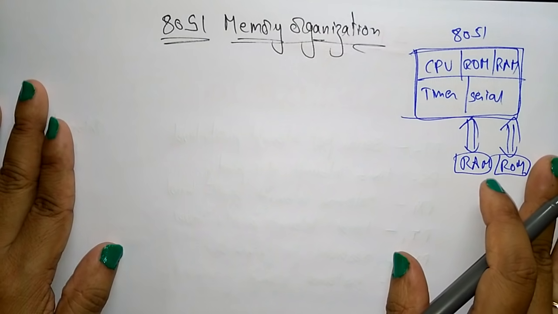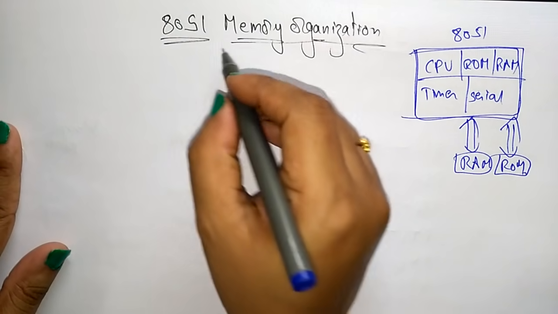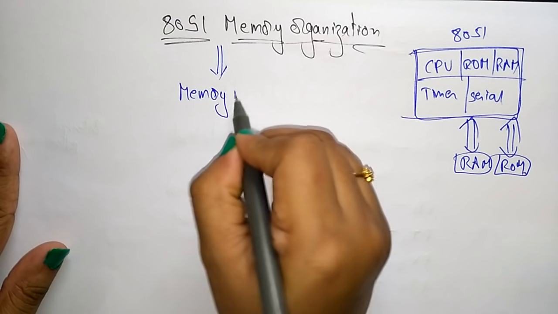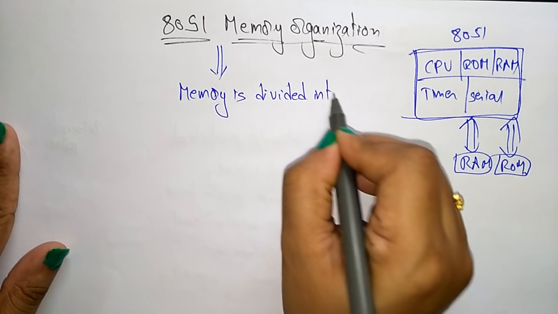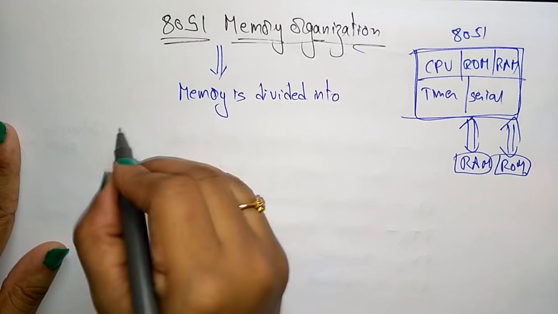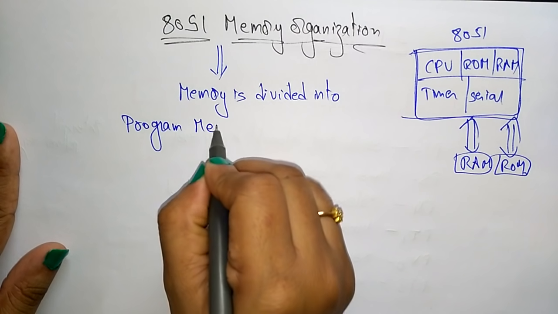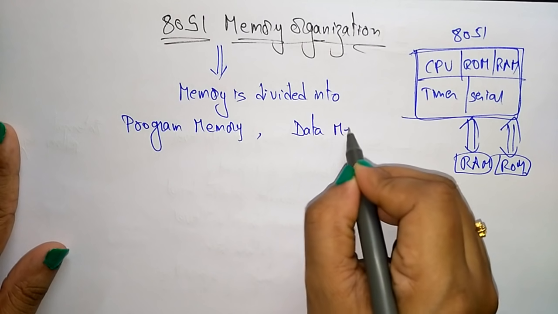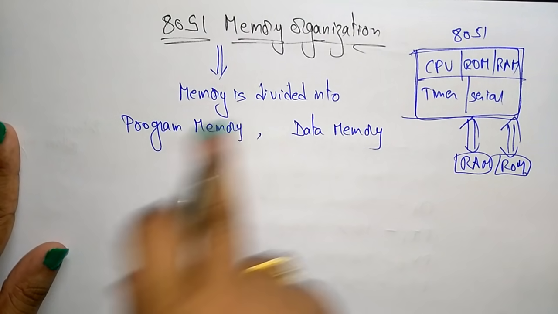Now let us see. The first 8051 microcontroller memory is divided into program memory and data memory. So 8051 memory is divided into two parts.